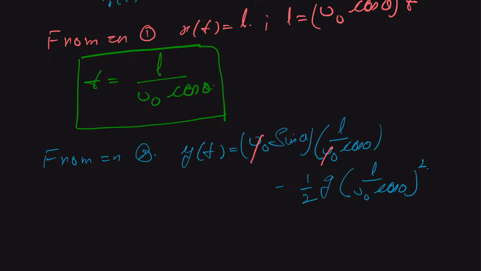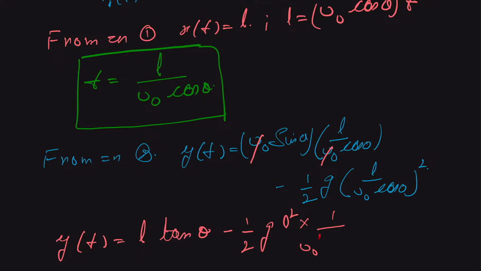This v naught cancels out, therefore y of t will be equal to L tangent theta, minus 1 by 2 g L square, multiplied by 1 upon v naught square cos square theta.